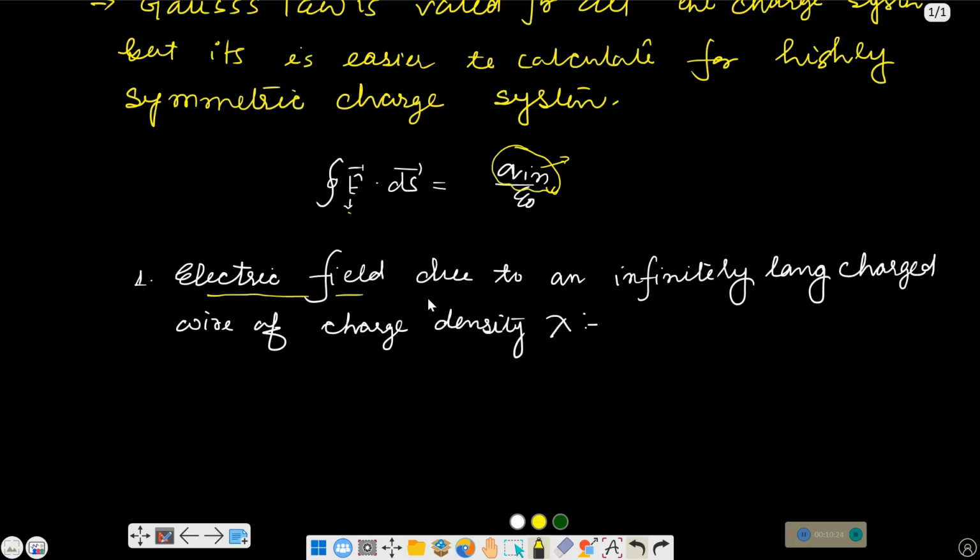So this will be our first application of the Gauss law.